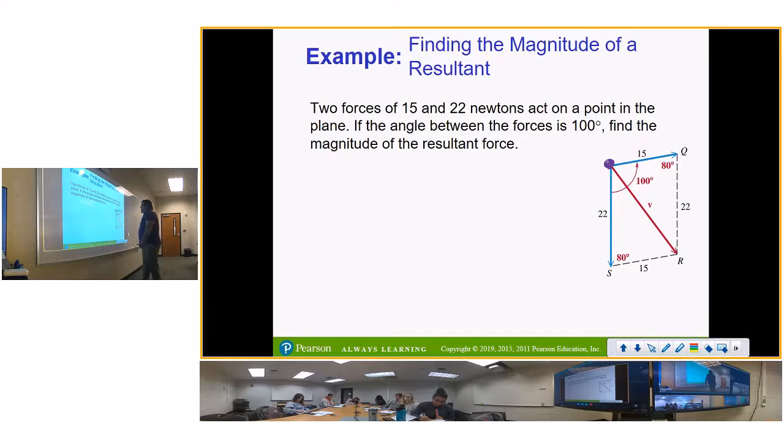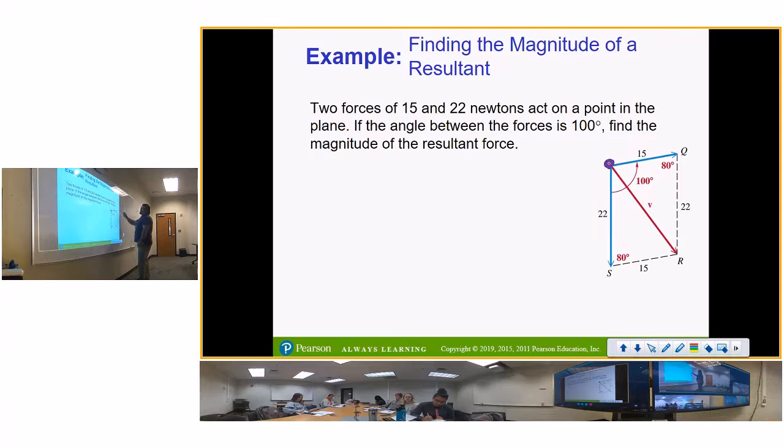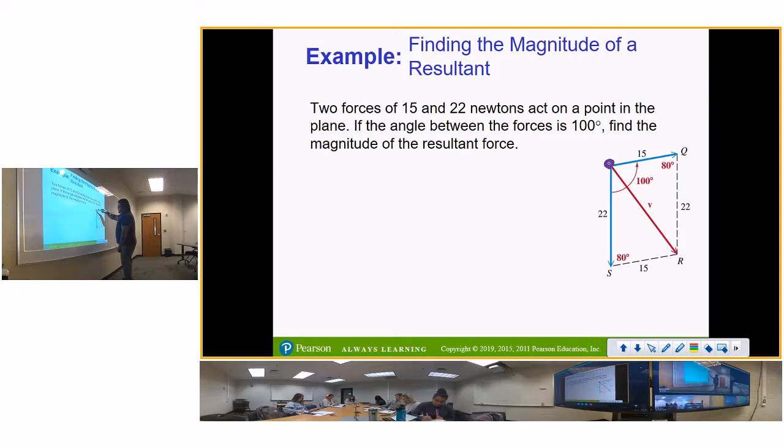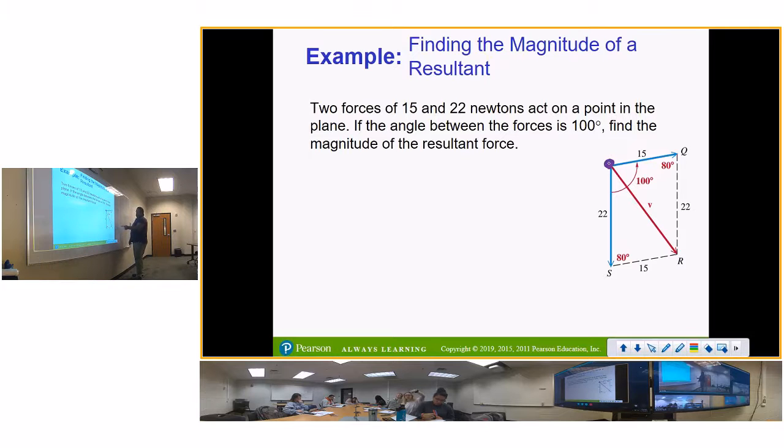Let's say that's a box, and you're looking down on this box, and you've got a force of 15 newtons with a cable pulling it this way, and a force going straight this way. I don't really care about the newtons; y'all can get into that with physics. You've got 15 pounds pulling this way and 22 pounds pulling this way. Where is this box going to end up? And that's what the resultant vector is.